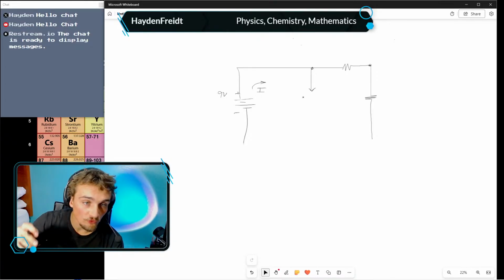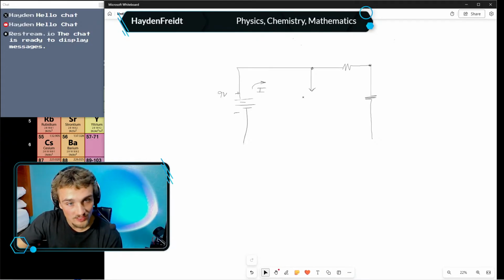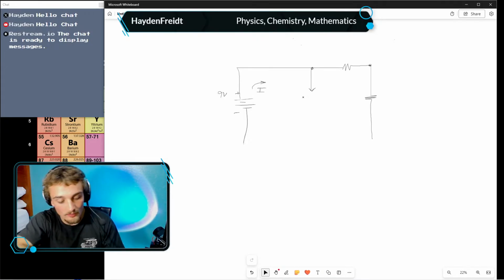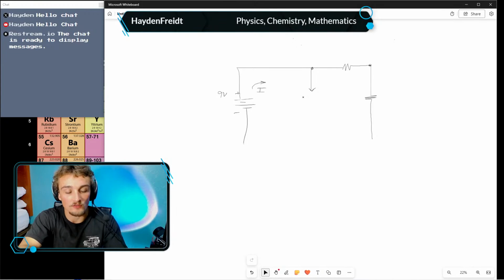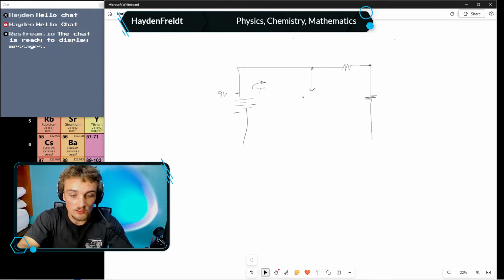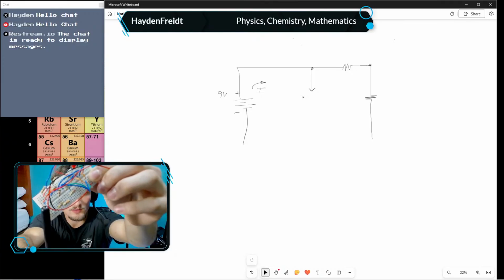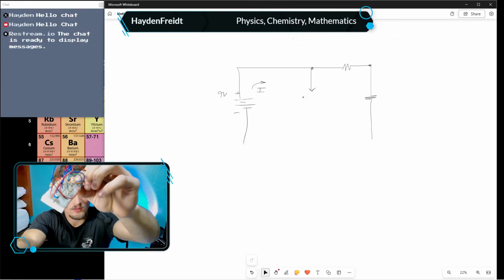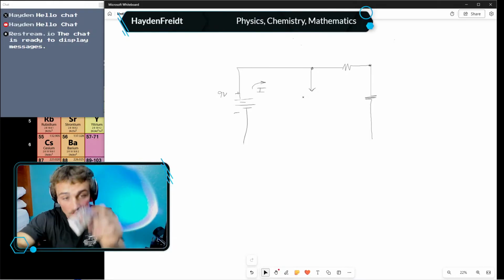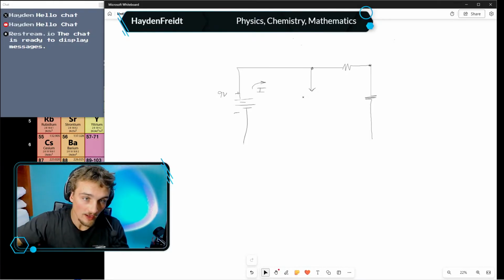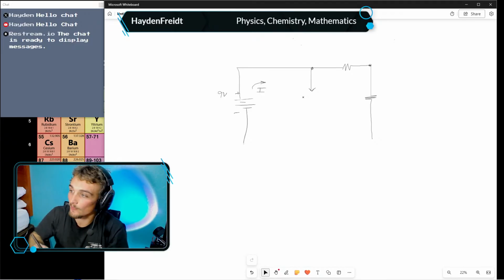Okay, now this is the symbol for a potentiometer, which is like a variable resistor. This is what mine look like. They come in all sorts of geometries. But this is mine right here, this little blue thing. It has 3 pins on it: supply, ground, and then output.